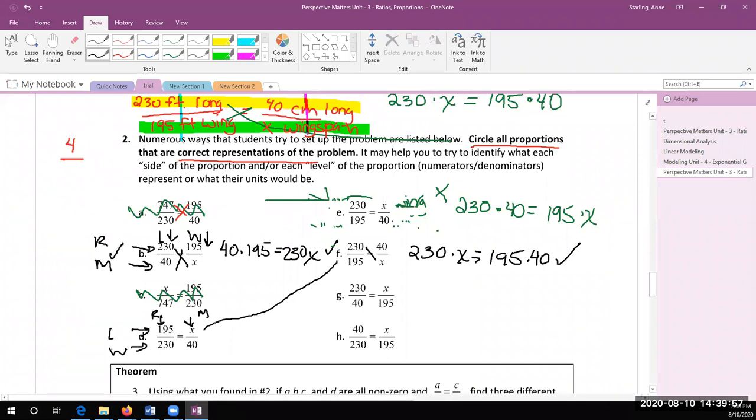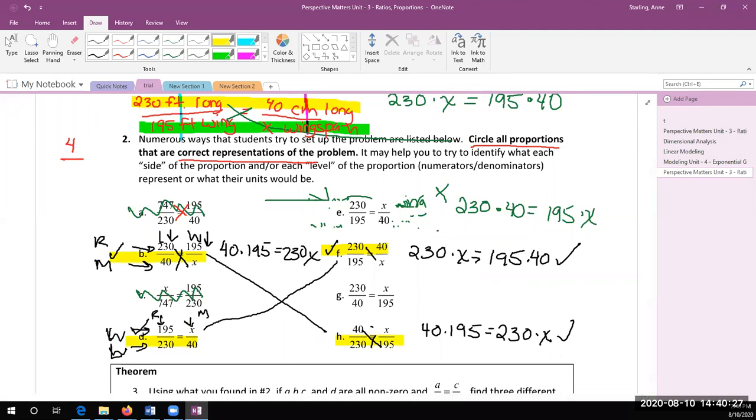Oops, sorry. This was the length, this was the width. So that one's also good. And then H is B flipped. And again, the cross product matches. I get 40 times 195 equals 230 times x. So the answers were F, B, D, and H for that one.